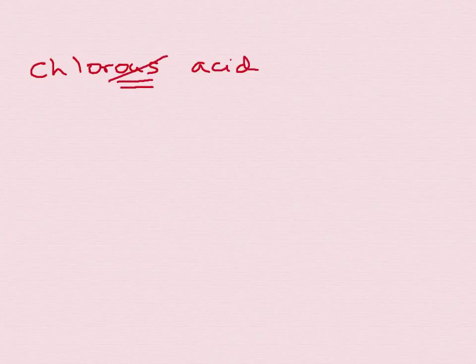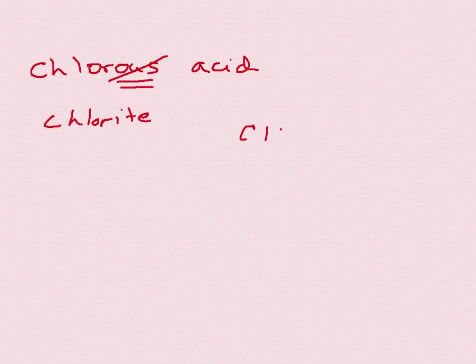It is explained really in the word acid. Let's do a backwards one. This time I'm going to give you the name, chlorous acid. So we look at our name, we know it's an acid because of course it says it's an acid. If the stem ending is OUS, we remove that OUS and we rewrite it with an ITE ending. Therefore, we need to make up a chemical formula that contains the chlorite ion.